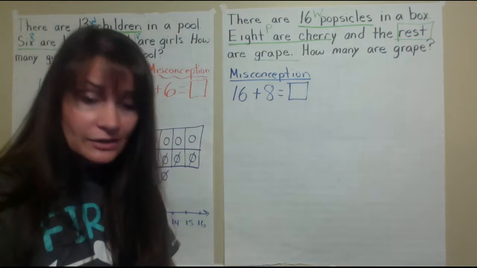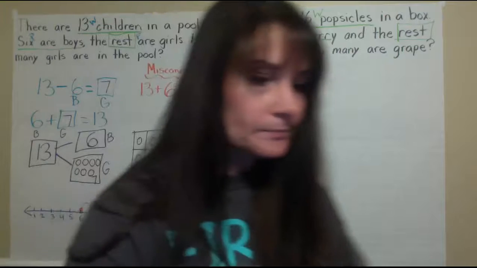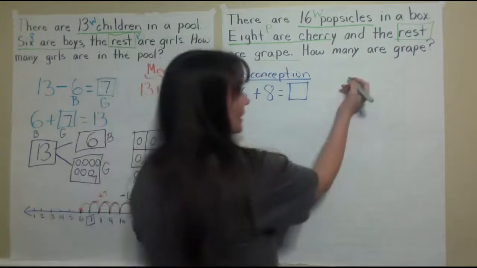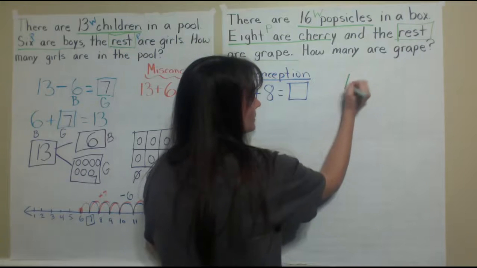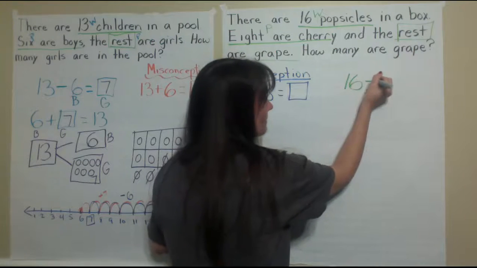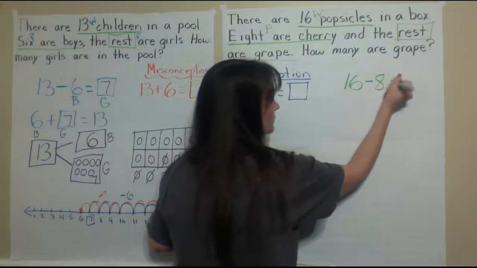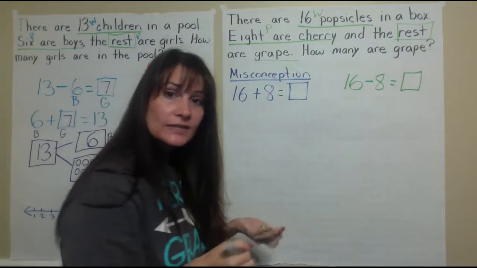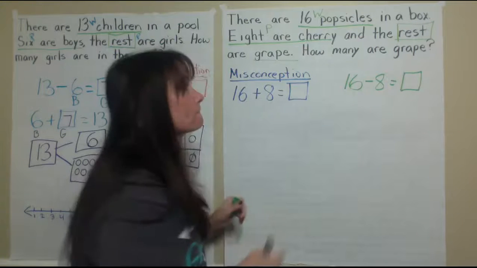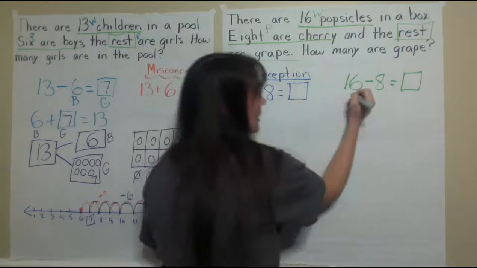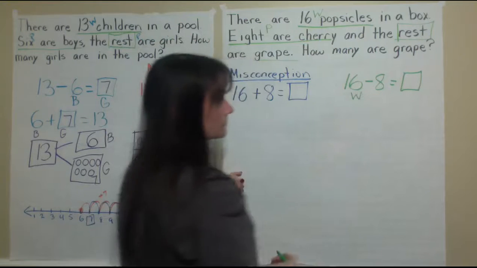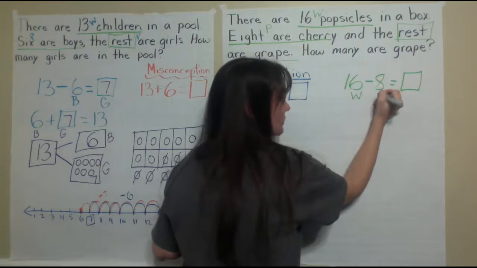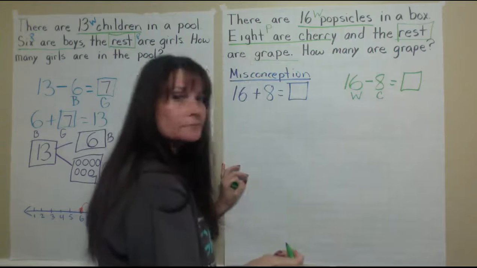So now let's look at another equation that someone used. I saw someone say 16 minus 8 equals box. So let's see if this one was right. I know that 16 is my whole. I know that 8 of them are cherry, so I'm going to put a C there for cherry.